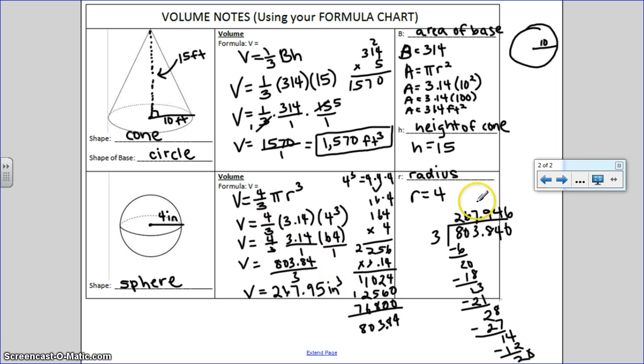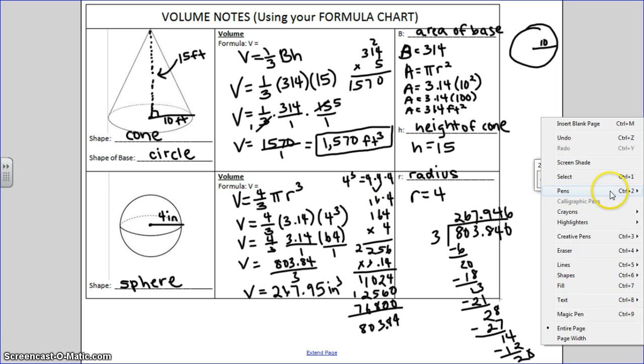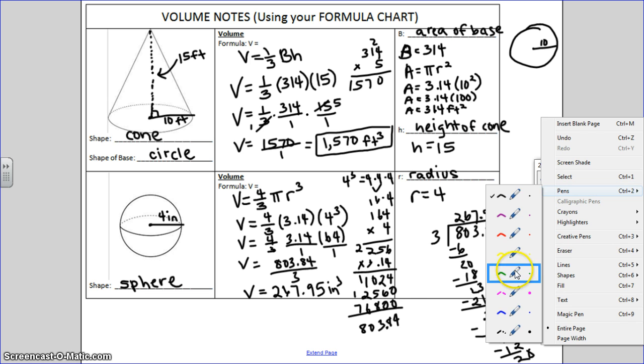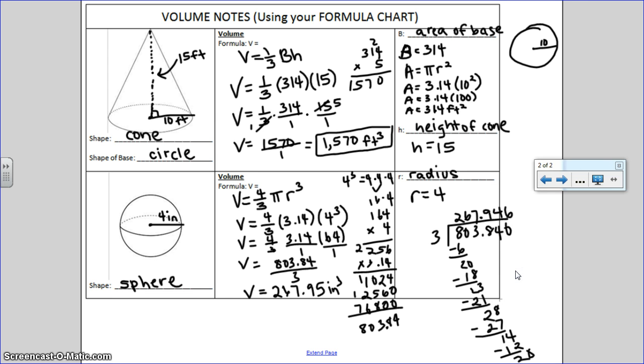Now, I'm going to show you just a little trick. The reason I'm showing you this trick is so that you can make your life a little bit easier. So over here, when we said this step right here, we're going to change that up just a little bit, okay? So here, we're actually going to say 4/3, and then instead of pi 3.14, we're just going to estimate, because a lot of times estimating will get us close enough.